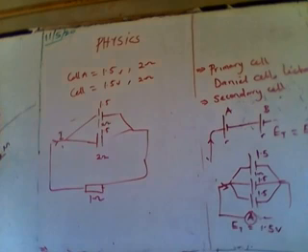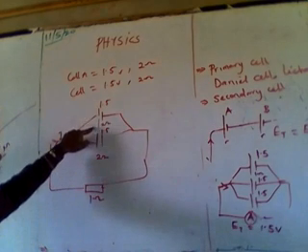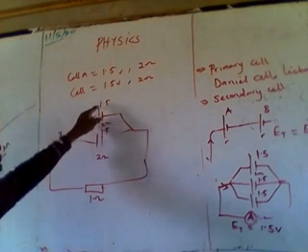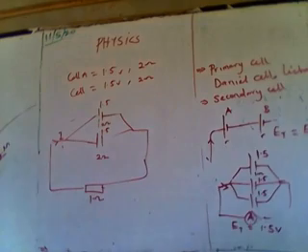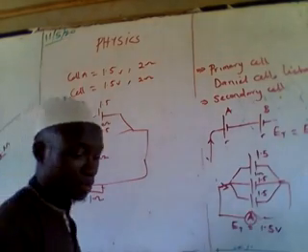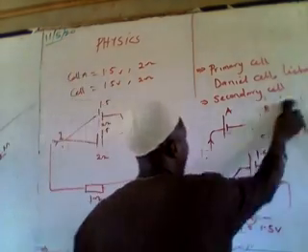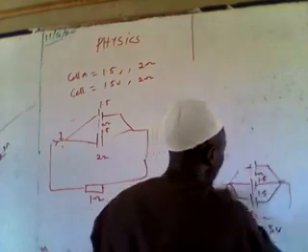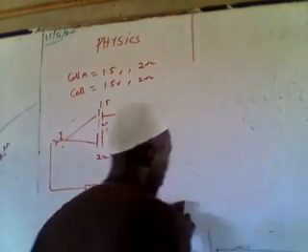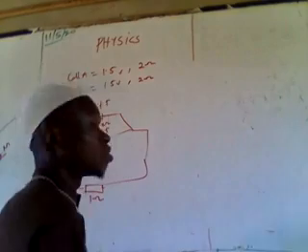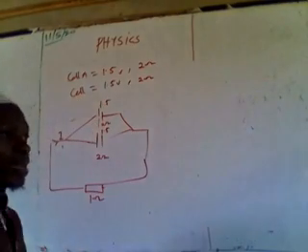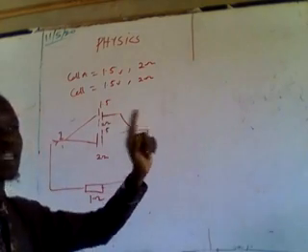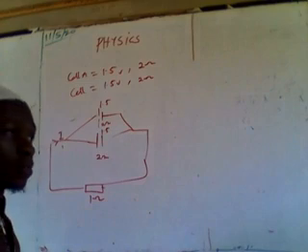Since we have more than a single cell, you check the arrangement. Two cells, 1.5 each, connected in parallel, which means the total EMF is 1.5, because I stated earlier that when you have two cells connected in parallel, the EMF is that of one of the cells.